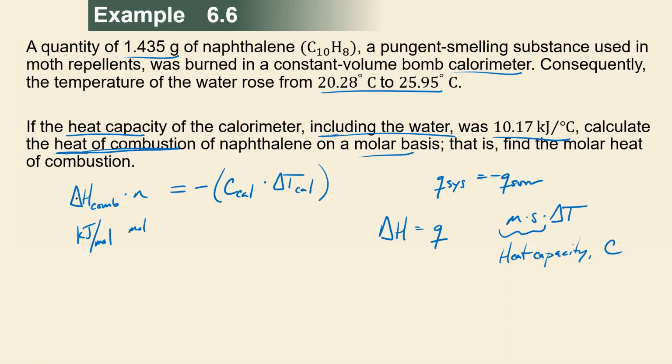And so this delta H is what we're solving for. We know that it's 1.435 grams and that it's C10H8. So we know the molar mass, so we can find the number of moles.